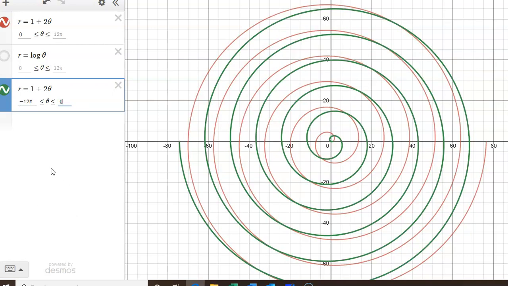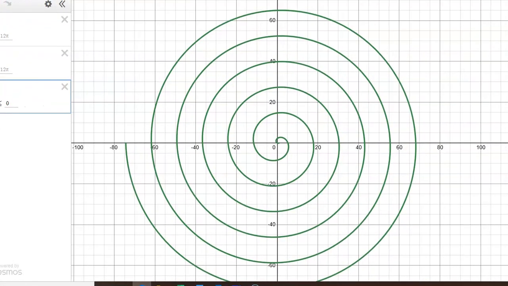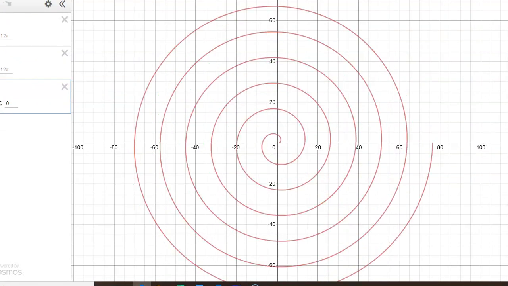And now, I have a graph in Christmas colors. So that's the graph that's the negatives, right? That's the graph that goes from negative 12 pi to 0. That's the Archimedes spiral that goes from 0 to 12 pi.